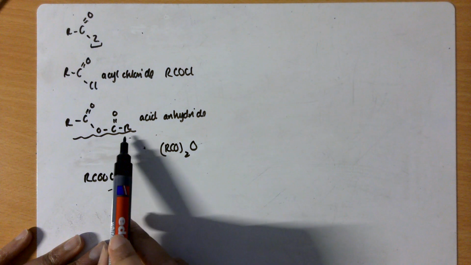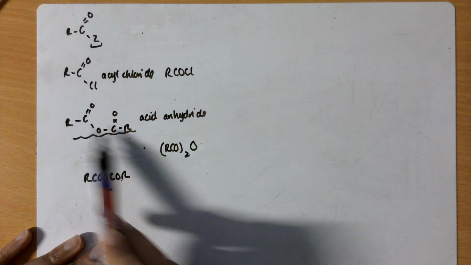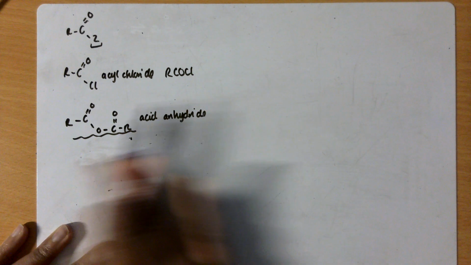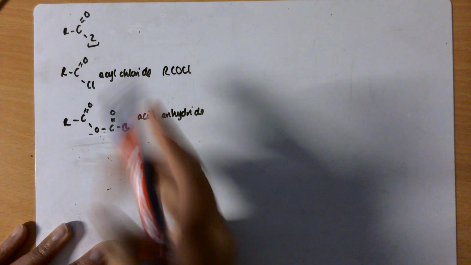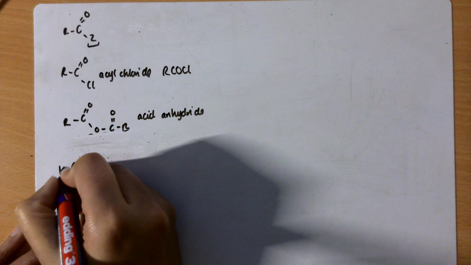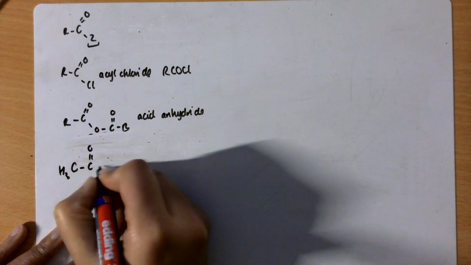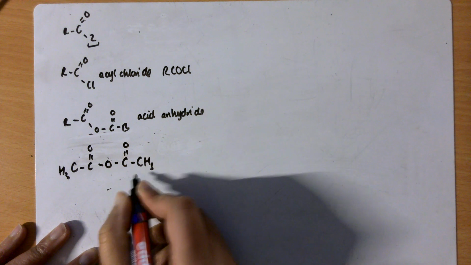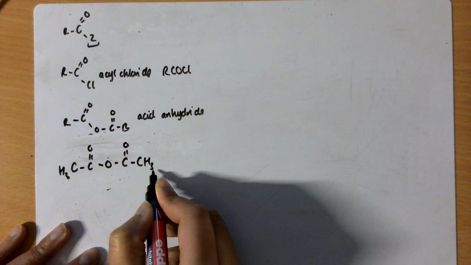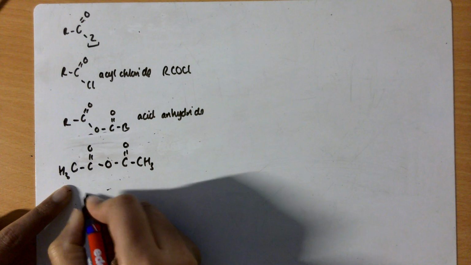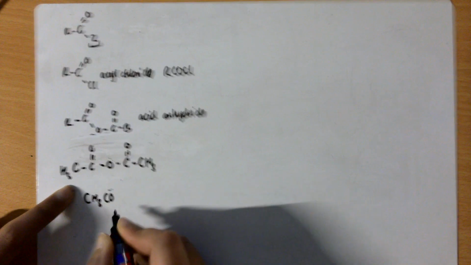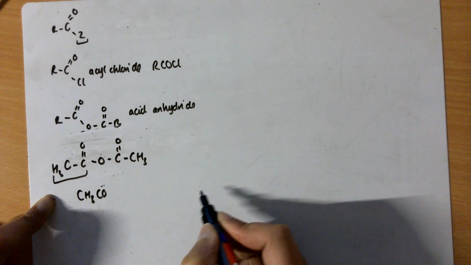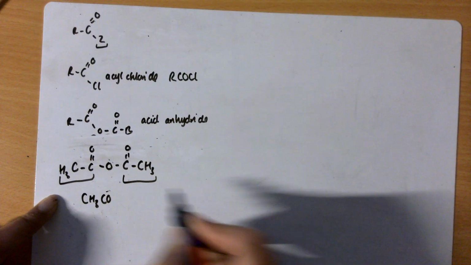Like I said, we anticipate for an acid anhydride that those two R groups are the same. So if, for example, I had CH3, C double bond O, O, and a CH3, I've got my same R groups on either side, so I could write this as a CH3CO, which is this. I've now got two of them, because I've got one over here as well.